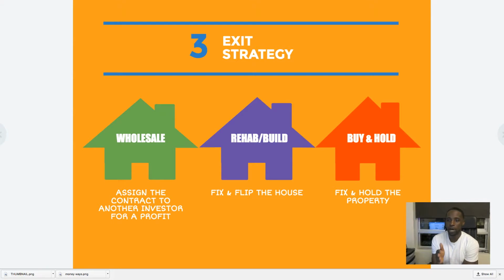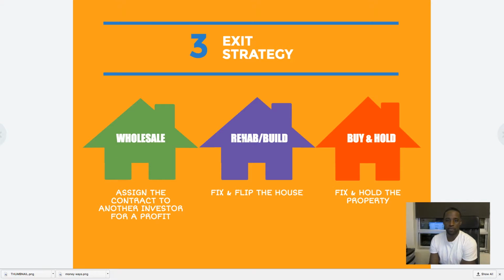Or you can buy and hold: you hold the house and get it rent ready. The best way I know how to do that is you buy the house, fix it a little bit, basically build in some equity, and then increase the rents. That's your long-term investment.